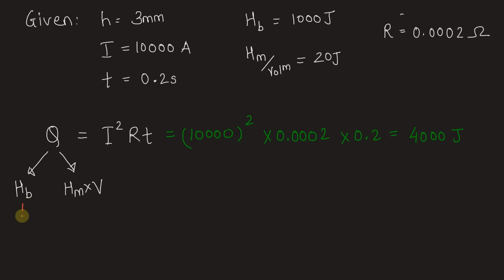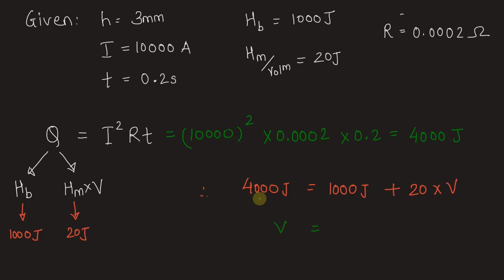Now HB is given to be 1000 joule and HM is given as 20 joule. Therefore, we can write this total 4000 joule will be equal to this 1000 joule plus 20 joule into volume of the weld nugget.